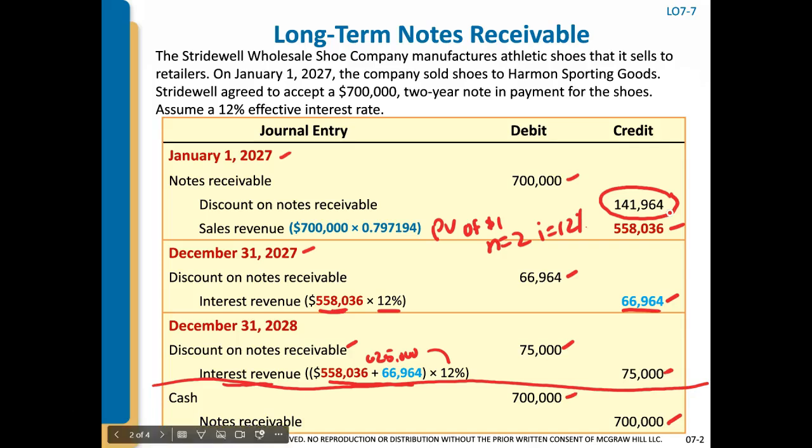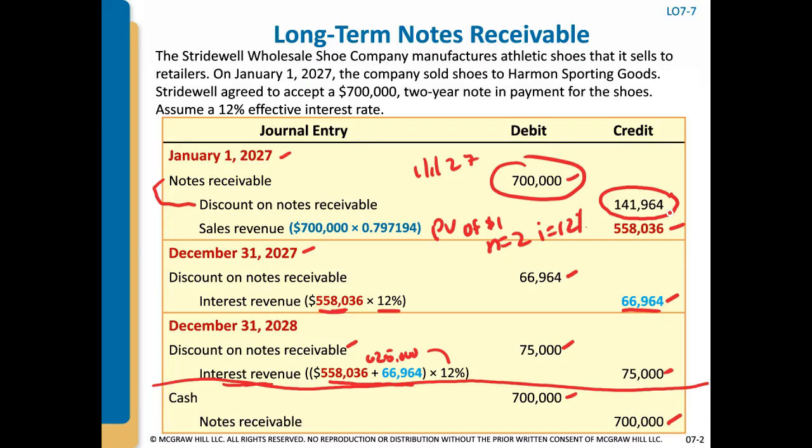Now you might say, wait, my notes receivable was $700,000 when I recorded it on 1/1/27, right? It was $700,000, but you have to remember that this and this go together. The discount is a contra account to the note receivable.